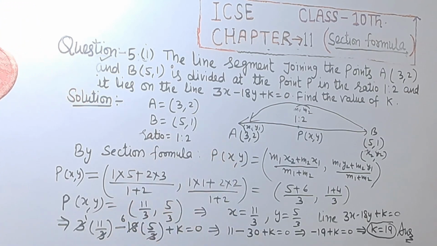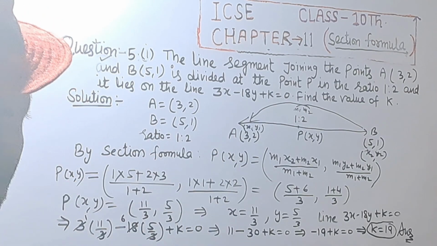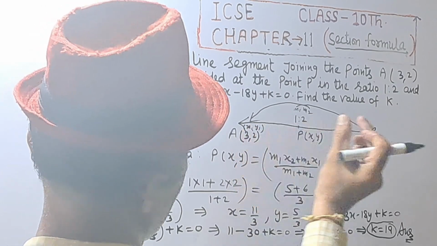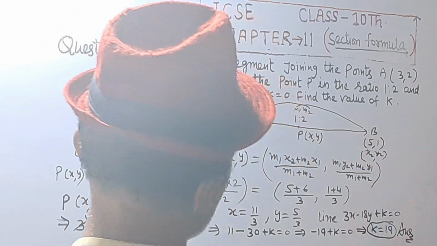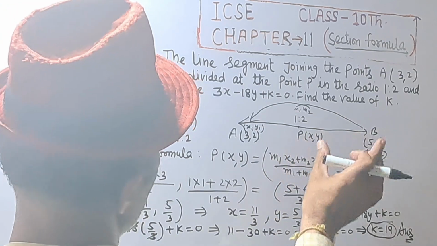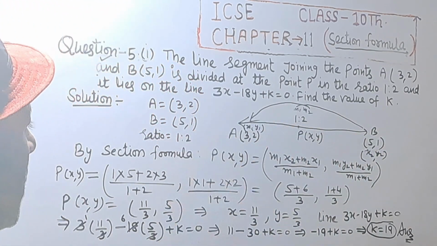A is equal to (3, 2) and B is equal to (5, 1). A is equal to (x1, y1) and B is equal to (x2, y2). P is equal to P(x, y) and the given ratio is 1:2.